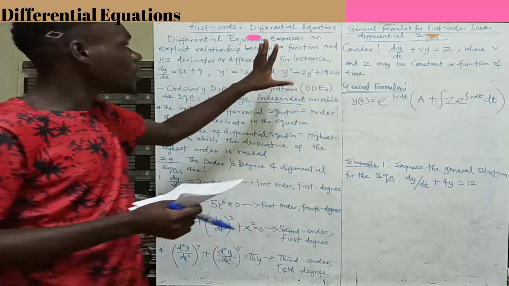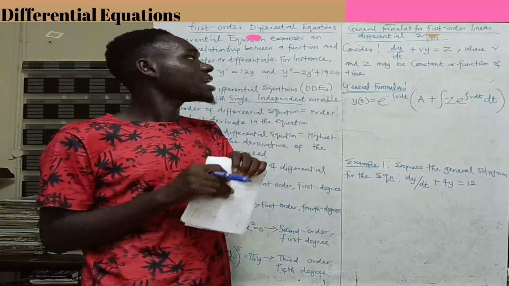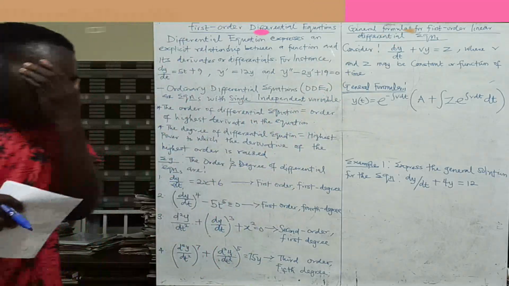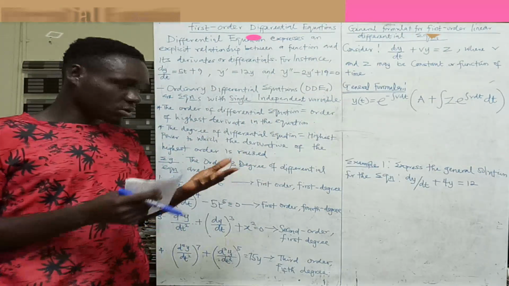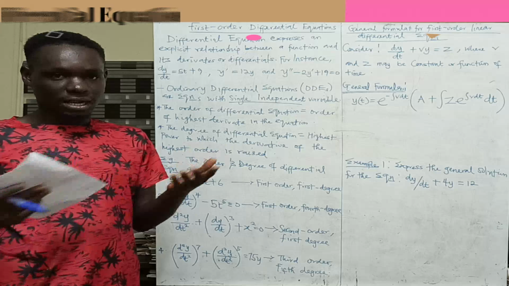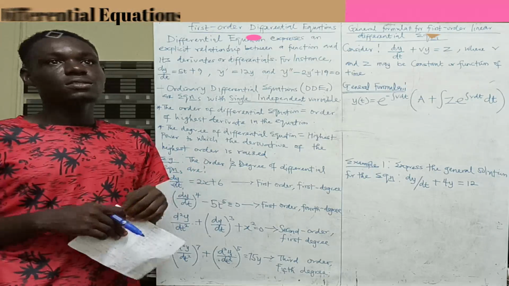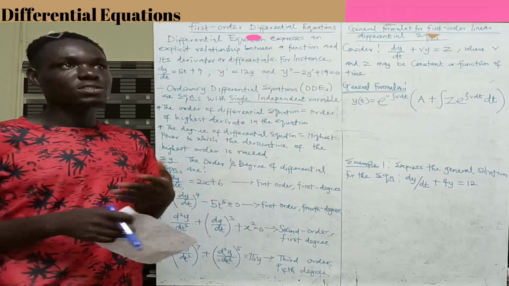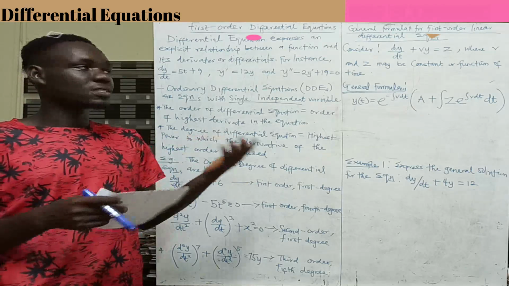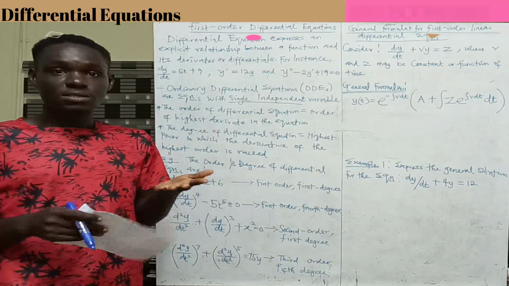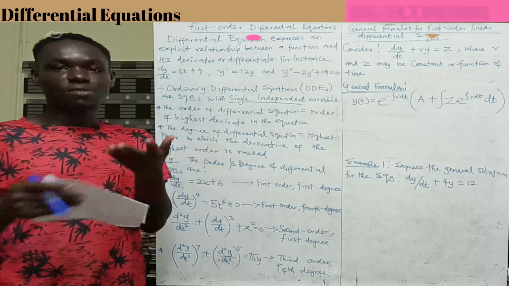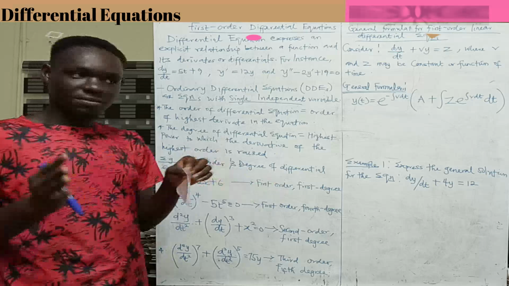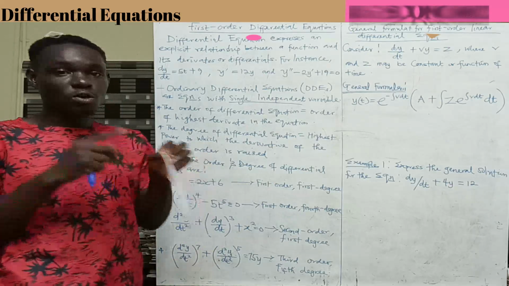Now, going further, at this point we would like to consider the general formula for the first order linear differential equation. Just like we have done in the previous classes when we were treating the Taylor and Maclaurin series and the difference equation, at a point we came up with a particular general formula for each of them. So for those topics we have treated, you need to know there's something common to all of that.